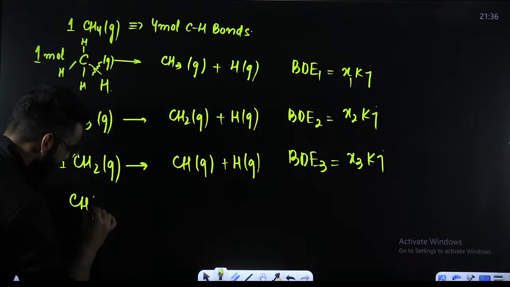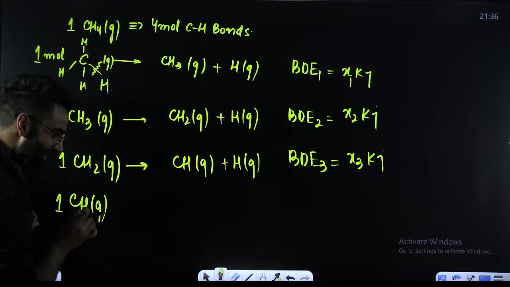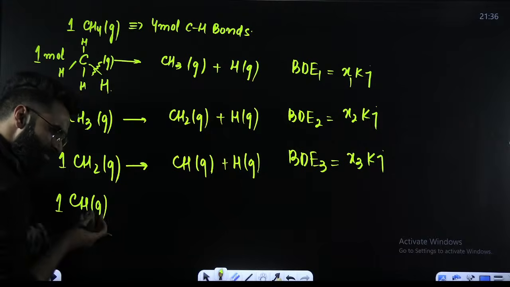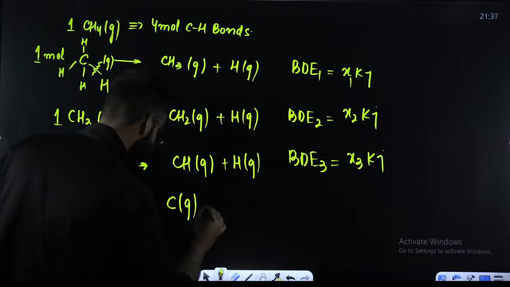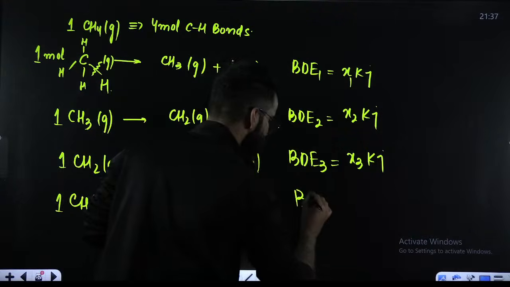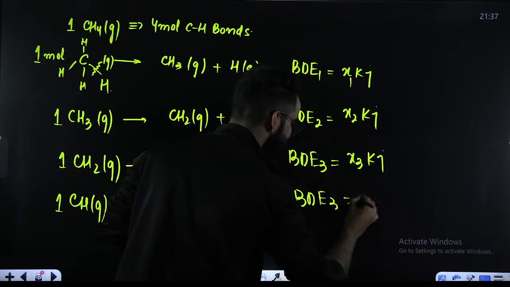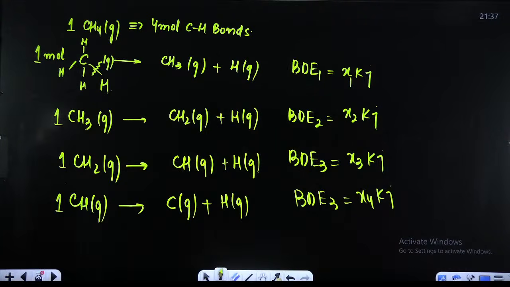CH gas. 1 mole of CH gas contains 1 mole of CH bond. In order to break that 1 mole of CH bond so that it gets converted into C gas plus H gas, let's say the bond dissociation energy in this particular case is X4 kilojoules.